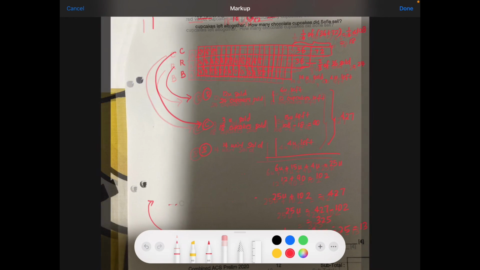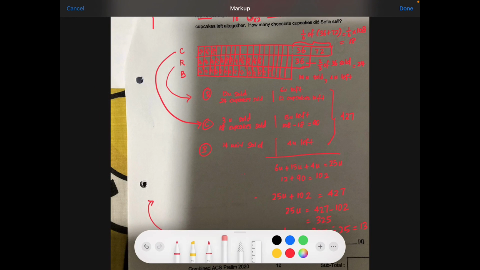So let's go back. After getting one unit, the question wants to know how many chocolate cupcakes did Sophie sell? From the model, Sophie sold 3 units of the chocolate cupcakes and 1 out of 6 of 108.